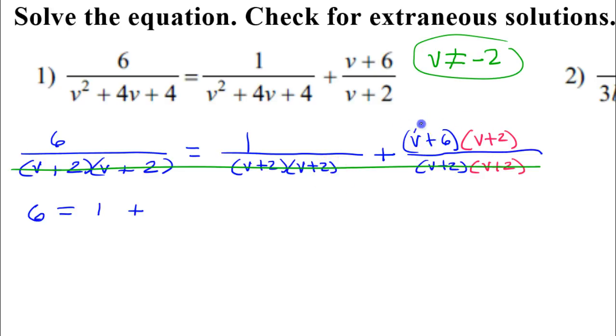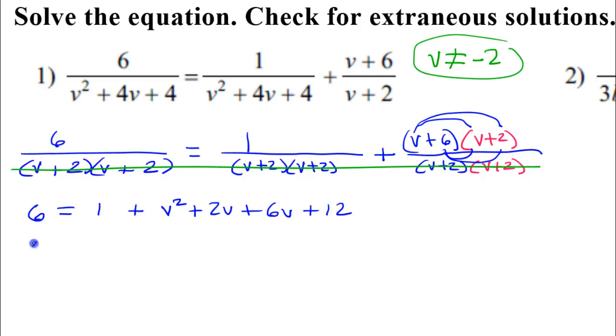I'm going to go ahead and double distribute this like you do. So v times v, that's v squared. V times 2, that's 2v. 6 times v, that's 6v. And 6 times 2 is 12.